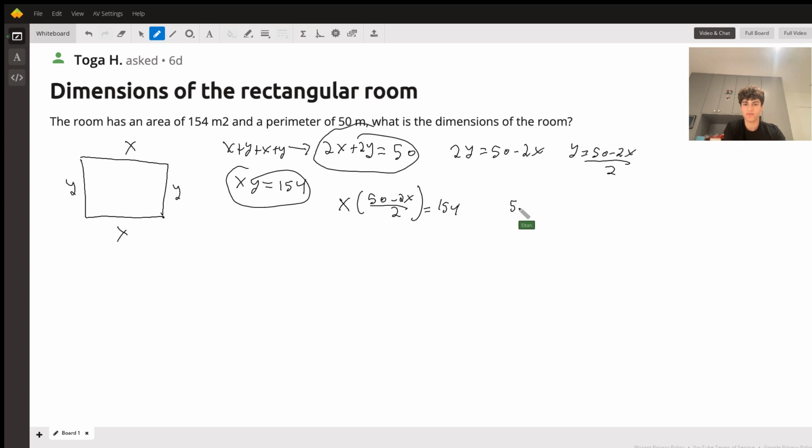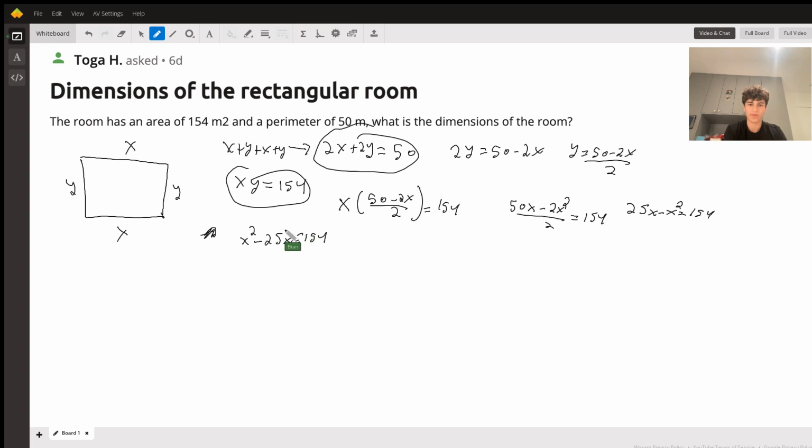And that gives us (50x minus 2x squared) over 2 equals 154, which gives us 25x minus x squared equals 154. And now whenever I'm dealing with x squareds, I never like them to be negative. So let's multiply everything by -1, and I like to put the x squareds first, by the way, as well. So x squared minus 25x equals negative 154.